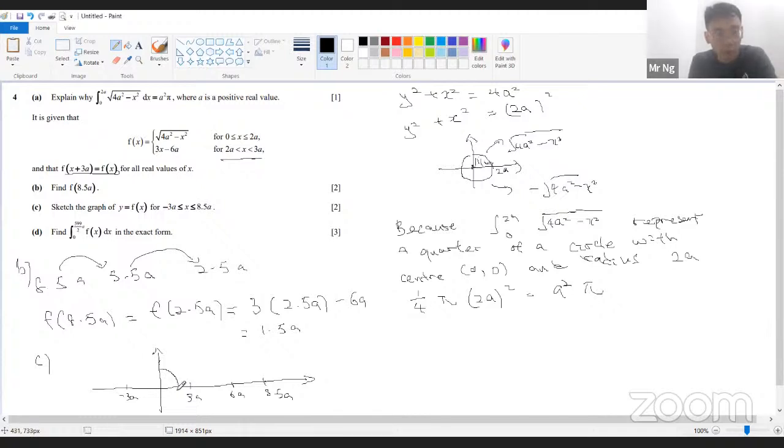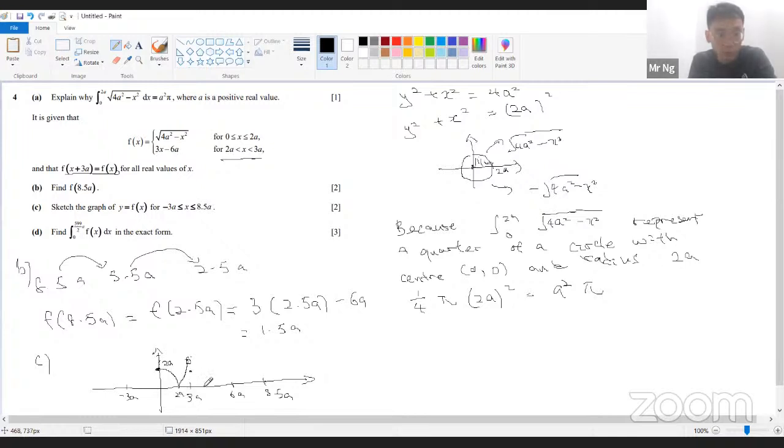Then at 2a it is 0, then after that 3a is 3a. Not including this. So it will be like this.